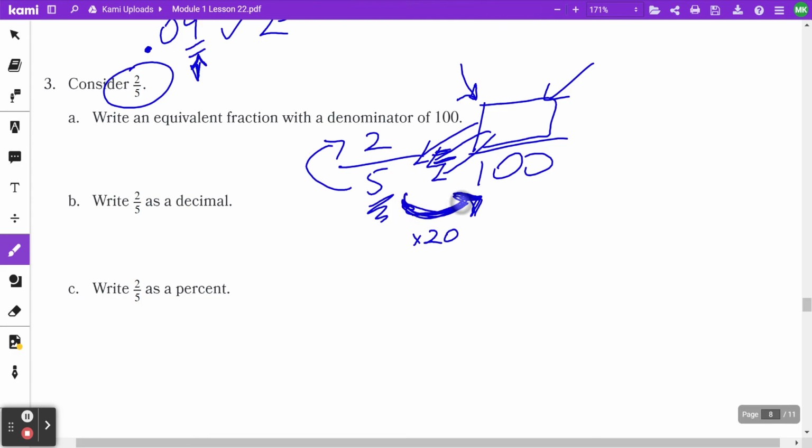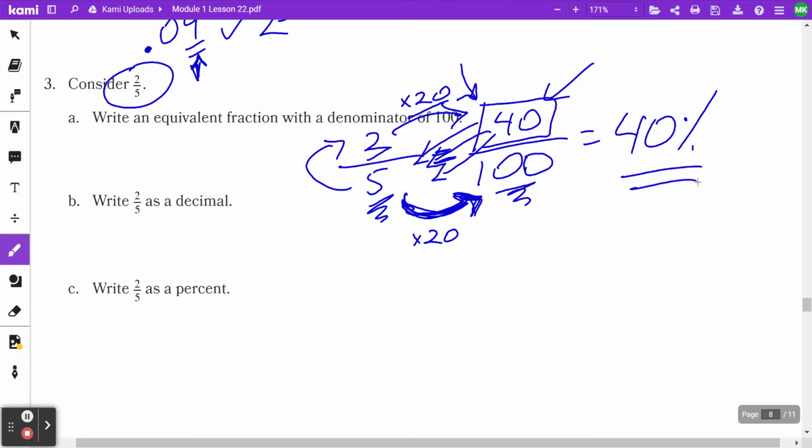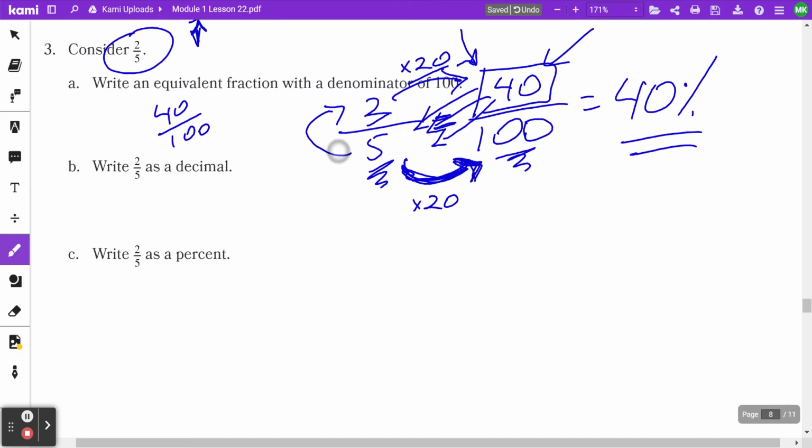Whatever I do to the bottom, I have to do to the top to keep things equivalent. So I need 2 times 20, and that gives me 40. And now that I have a fraction sitting on top of 100, that is automatically my percentage. So 40 over 100 answers their question.